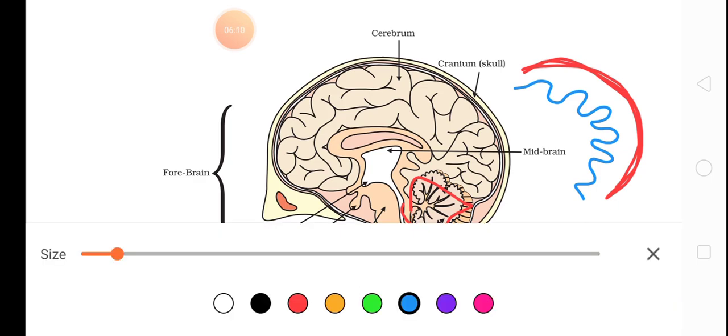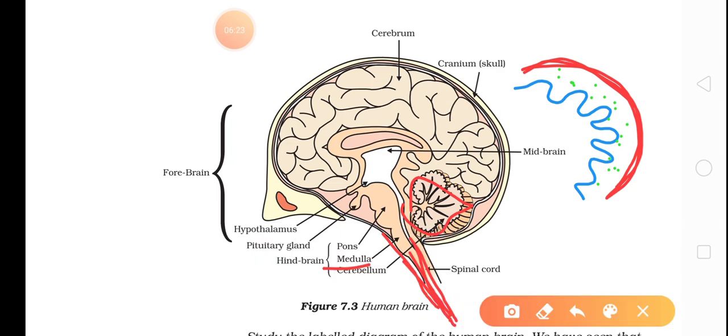Between these two regions, which are tough and hard, we have a fluid which protects our brain, and that fluid is called cerebrospinal fluid. It is the fluid which protects our brain from getting damaged by the cranium.